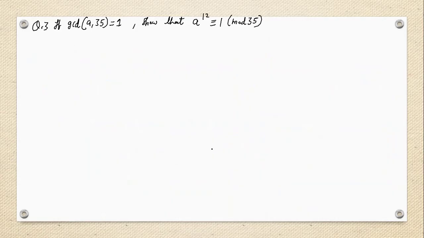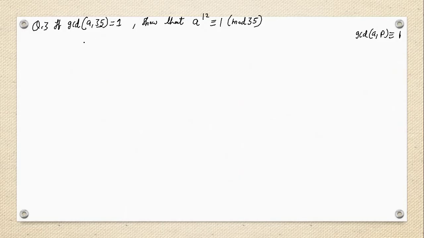So here it is given that a is coprime with 35, with the GCD. Here you can't apply Fermat's theorem directly. The reason is this: Fermat's theorem says that when GCD of a comma p is 1, then you can apply a to the power p minus 1. But here you can't apply, because 35 is not prime.